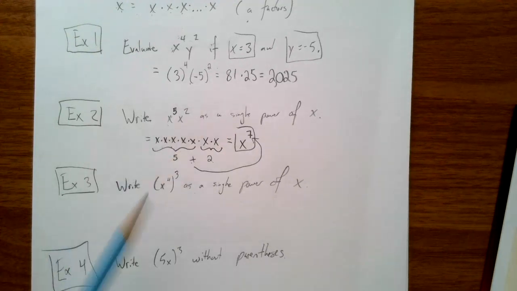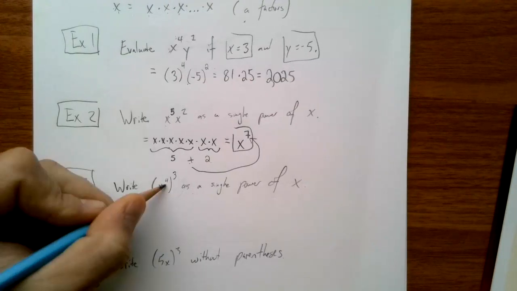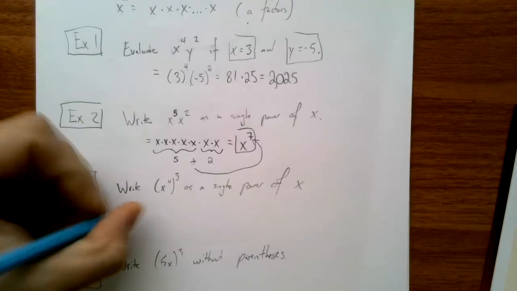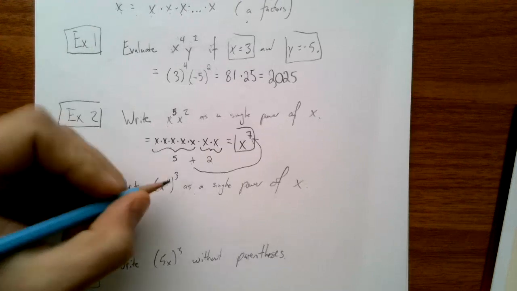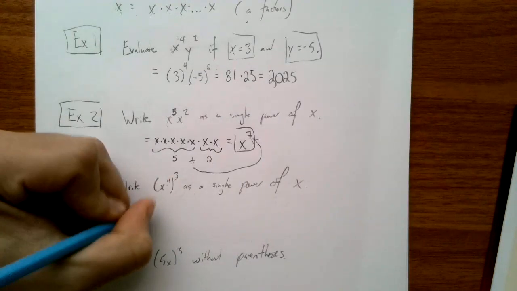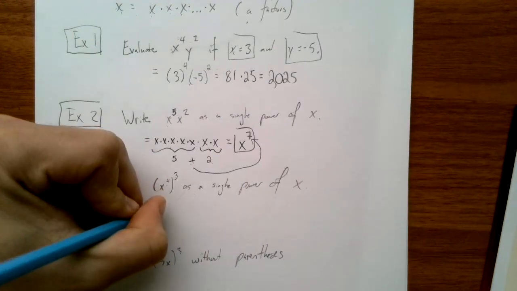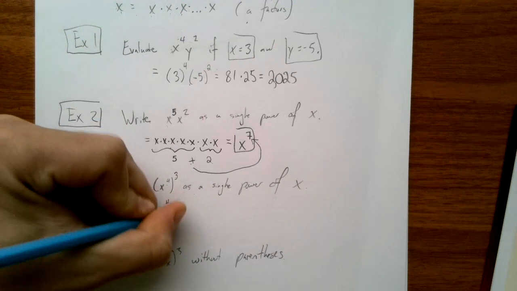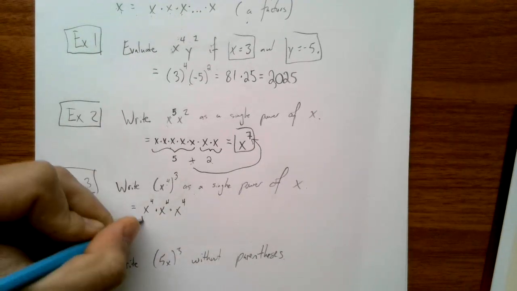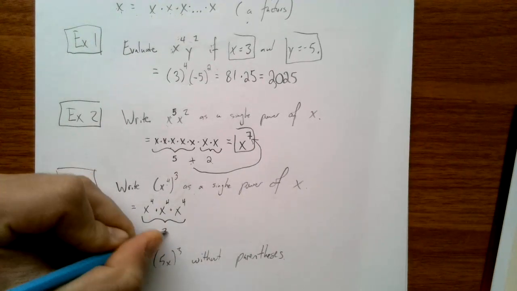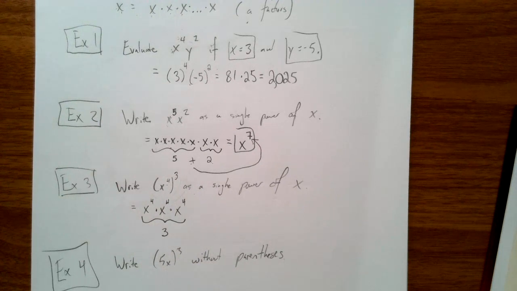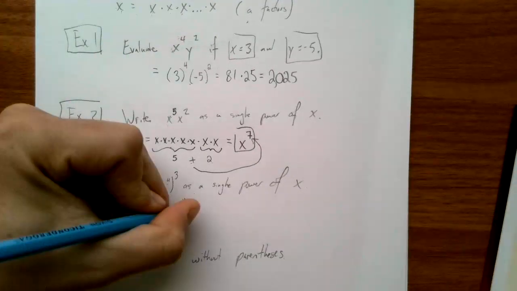We're being asked to do the same thing. However, things look a little different here. We have x to the 4th power being raised to the 3rd power. So if we initially take x to the 4th, what we have are 3 factors of x to the 4th. So we have x to the 4th multiplied by x to the 4th multiplied by x to the 4th.